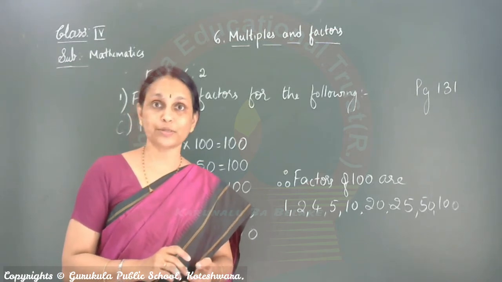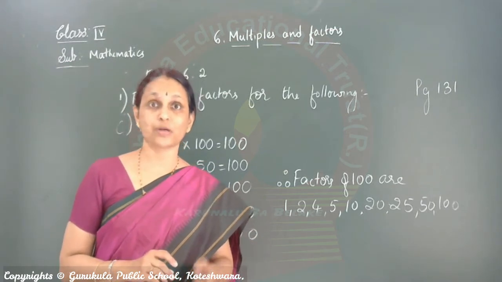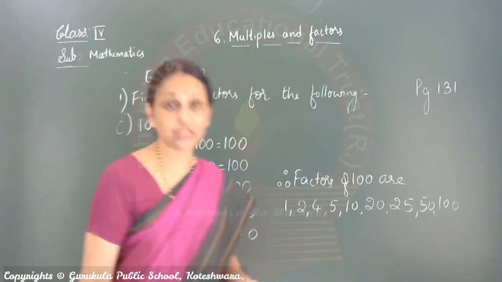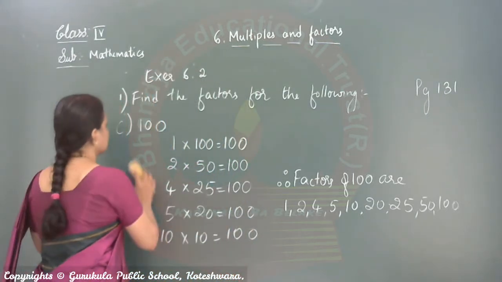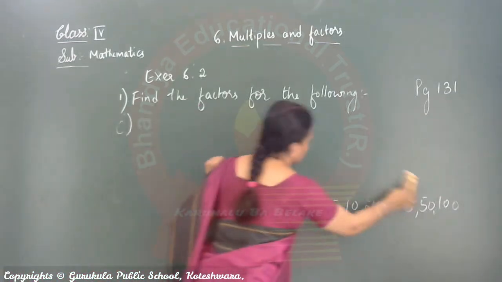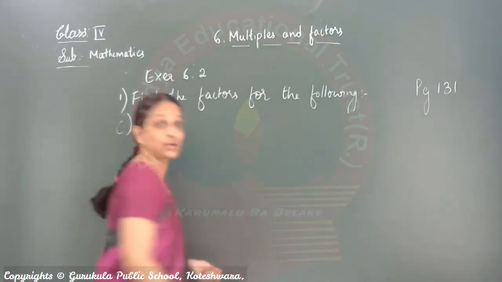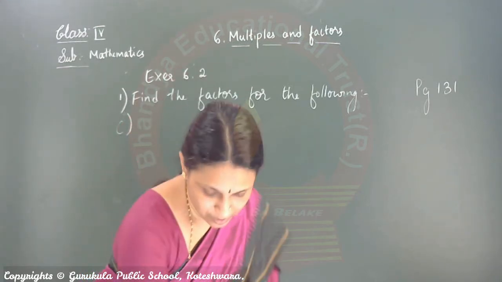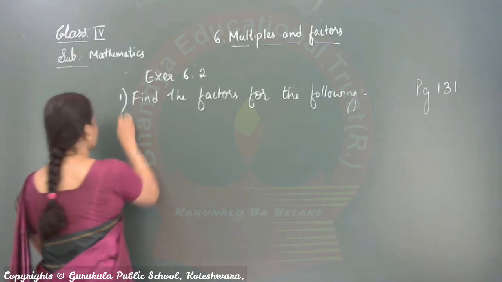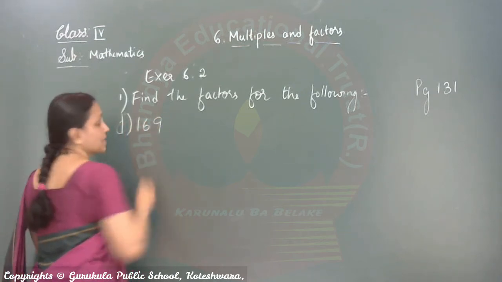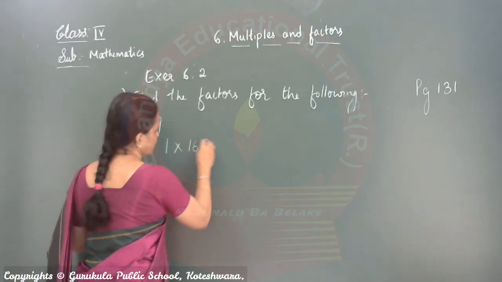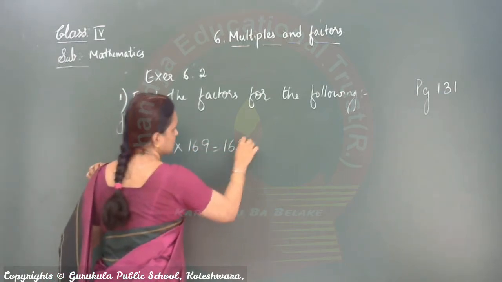Yes, I hope you understood how to find factors for large numbers also. Got it? Yes, let us move on to the next number, that is 169. Of course, you should know tables properly for this. For 169, which are the factors? Yes, first thing is 1 into 169.